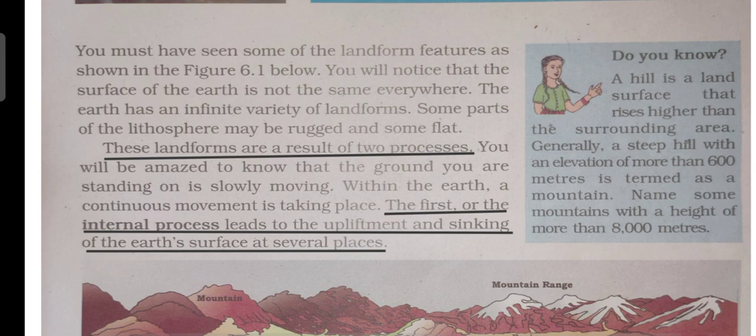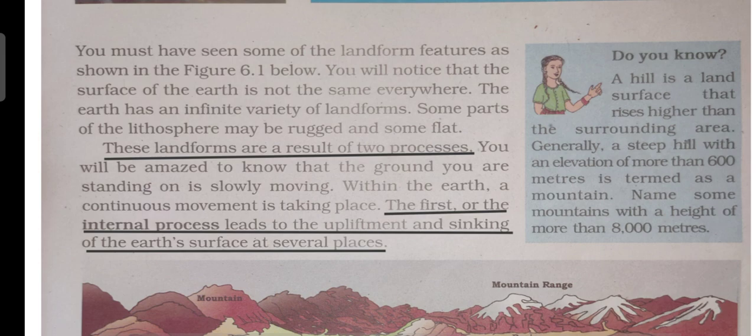So, internal process results in the portion of the earth getting elevated or getting sunk at several places. So, internal process works inside the surface of the earth, and tectonic plates result in the land getting elevated or land getting sunk. So, mountains and hills are formed due to the internal process which occurs inside the surface of the earth.